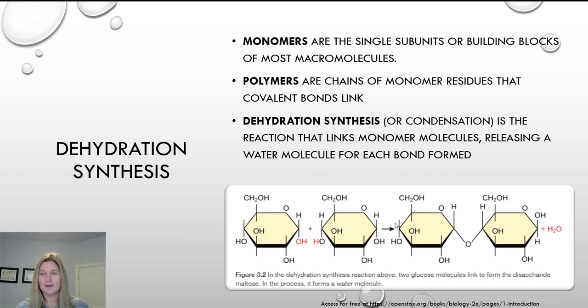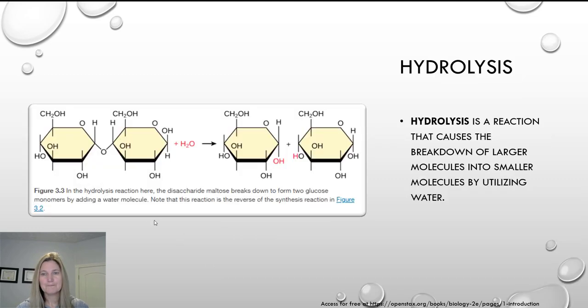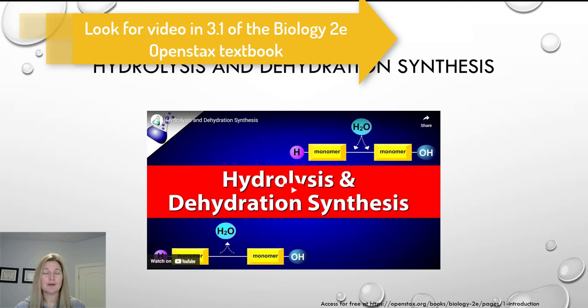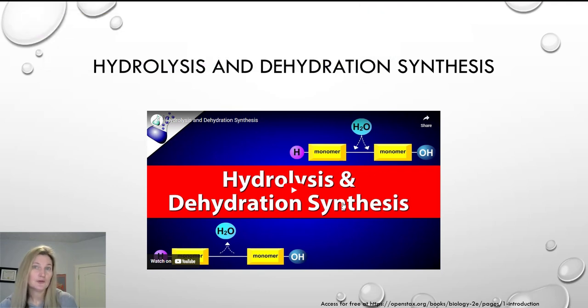Okay, so we can just create a little arrow here, make it reversible to show hydrolysis in that direction. Okay. So we're going to watch a video. This video, by the way, is available via a link in your OpenStax Biology 2E textbook in chapter 3.1. So you can watch this video on your own if you like, but I'll go ahead and show it here.